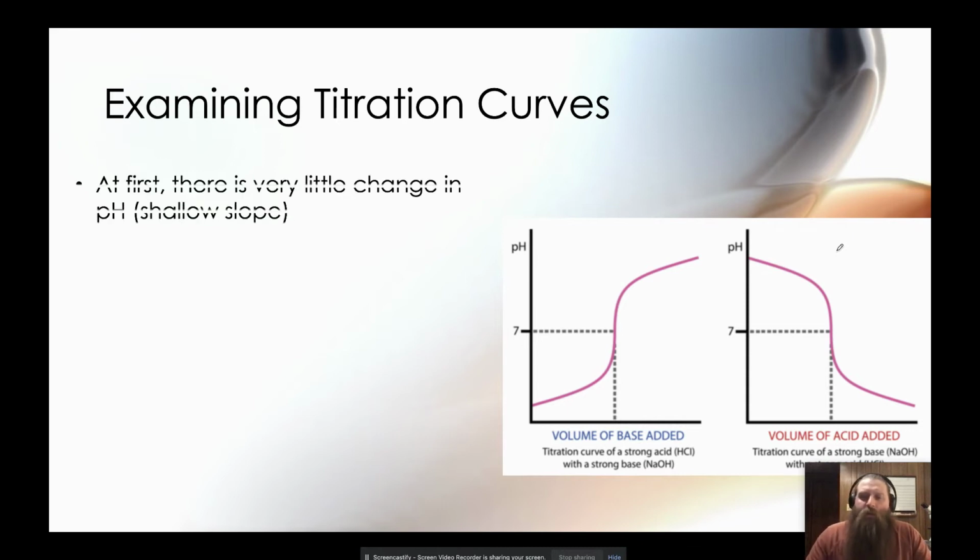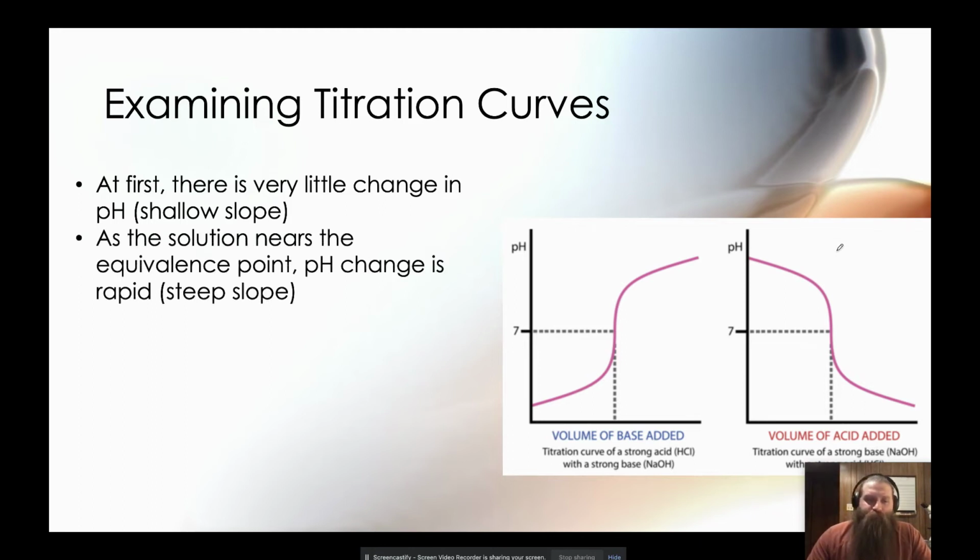Now, when you look at this curve, at first, the slope is very shallow. So there's a very slow change to the pH as we start adding base. Now, when you get near what's called the equivalence point, the pH change becomes very rapid. We have a very steep slope. So if we look right here at the tangent line to the curve, let's say we'll pick 3 different points.